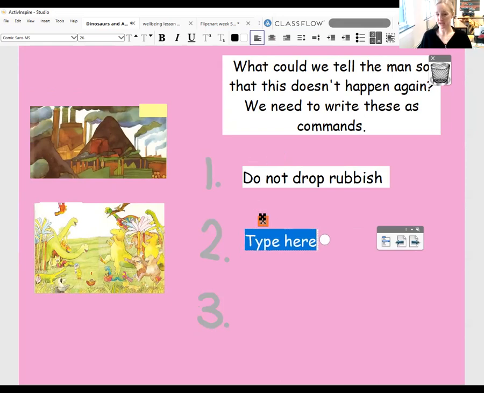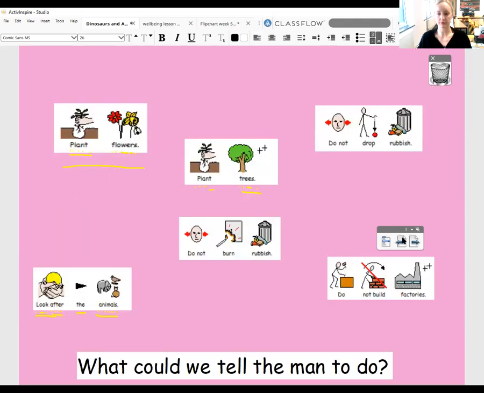They can be the same as mine or different to mine, but I want you to try and come up with your own if possible. So my first one is do not drop rubbish. What are the 3 things that you're going to tell the man to do to make sure the earth doesn't get in this bad position as it did before? I'll put this screen back on. Just pause it for a second and choose or think of 3 different things we need to do to tell the man.